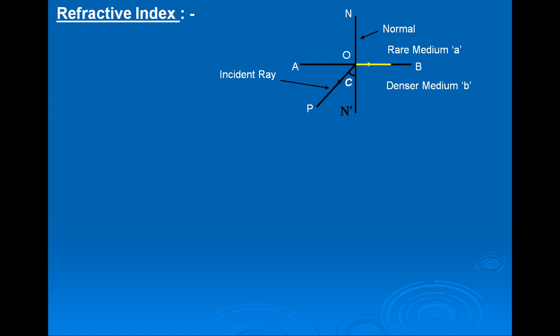Then the refracted ray of light becomes parallel to the surface separating the two media, that is, OQ is the refracted ray which is parallel to the surface, or the angle made with the normal is equal to 90 degrees.